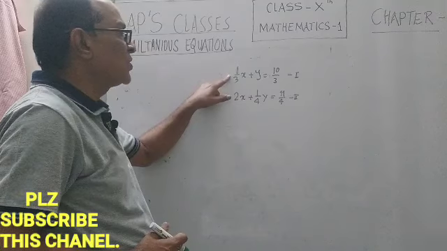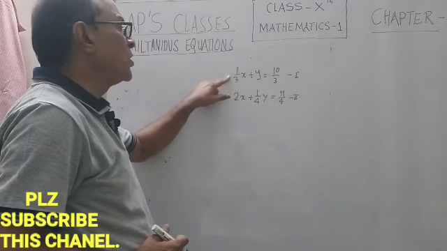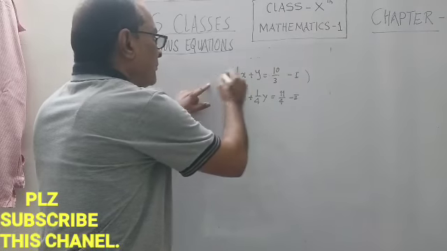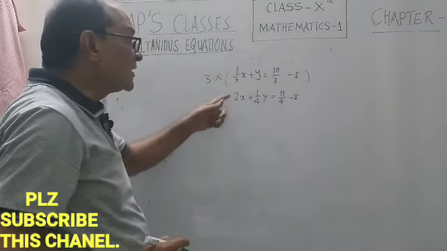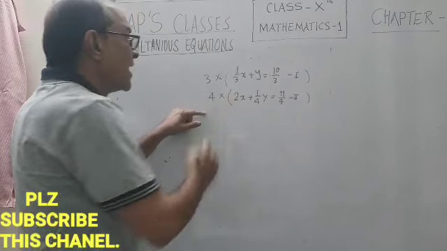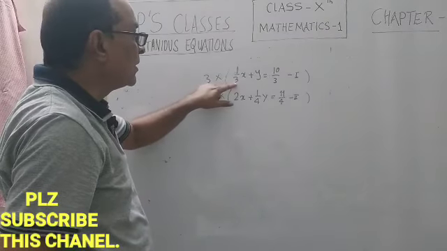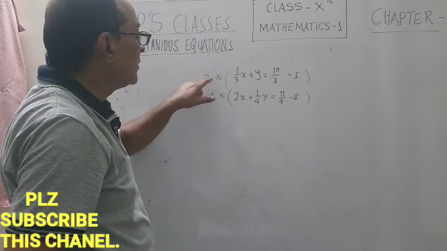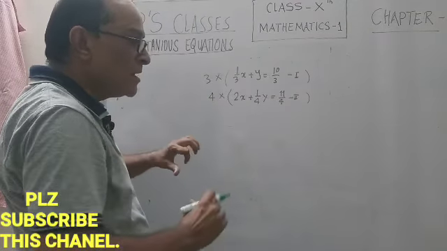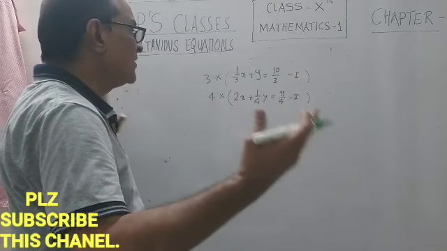For the first equation, you multiply by 3 in total. For the second equation, you multiply by 4. Why? Because you see 3 here, and to eliminate 3, it will be helpful. Again 4 will be helpful. Then the formats will be as usual.